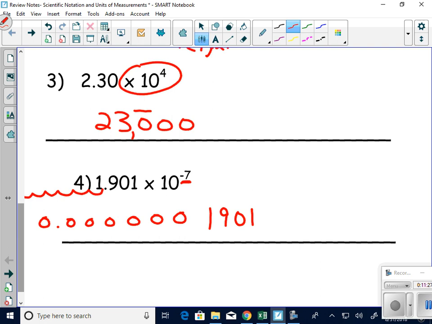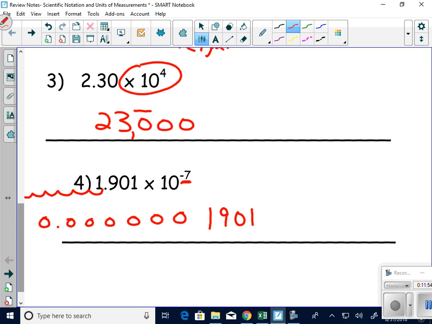Here? You don't need that, because these are what we call sandwich zeros. Any sandwich zero in between non-zero numbers is significant. You'll see that when you read your notes tonight. Okay, sandwich zeros are significant. Any questions on the scientific notation here?